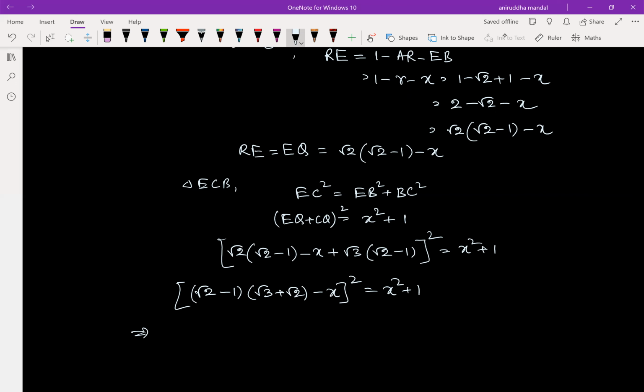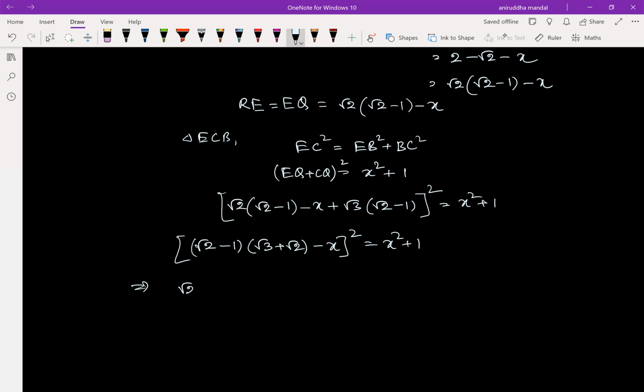Now open this. So we can write this as root 2 minus 1 whole square, root 3 plus root 2 whole square, minus 2x root 2 minus 1, root 3 plus root 2, and x square equal to x square plus 1.